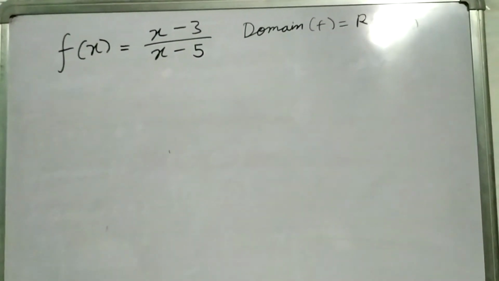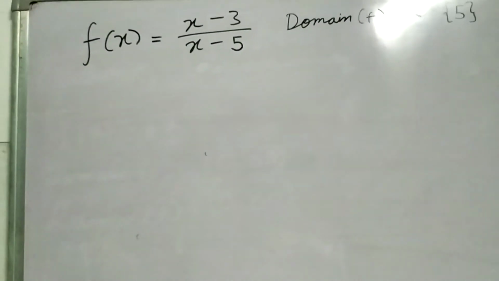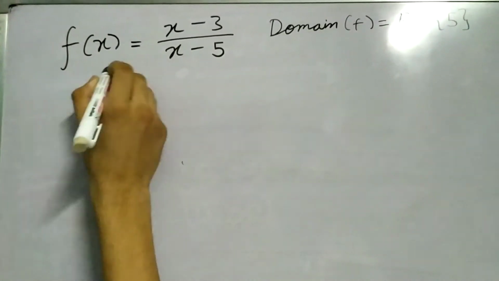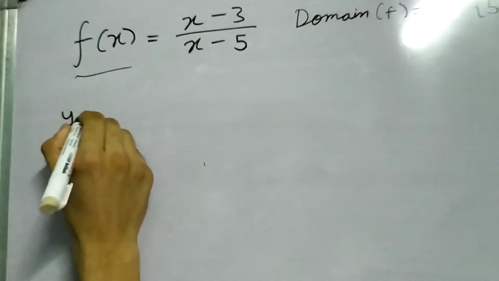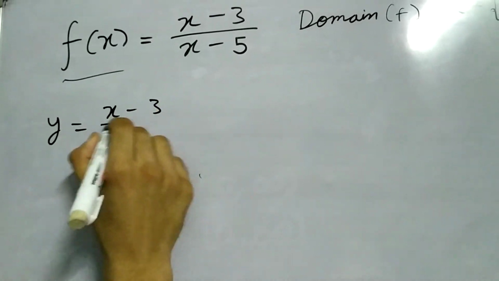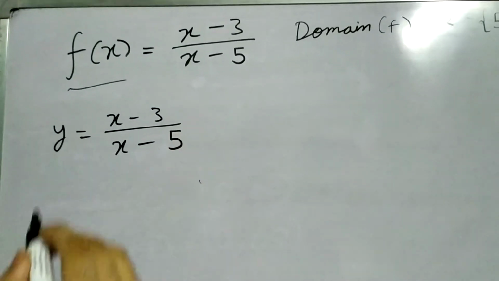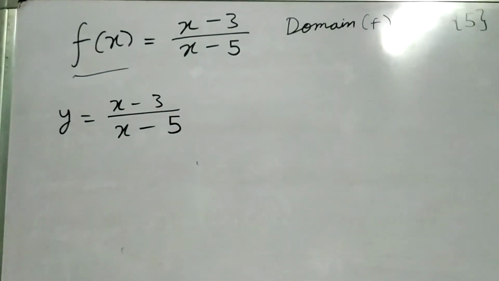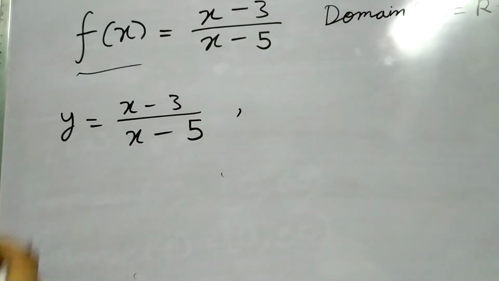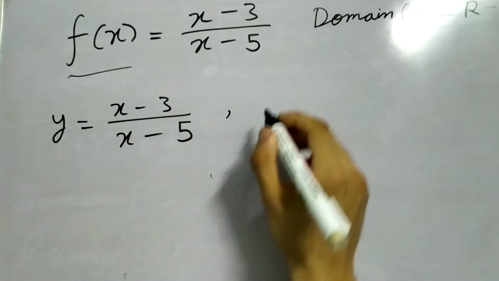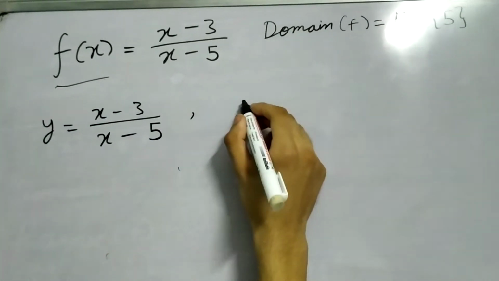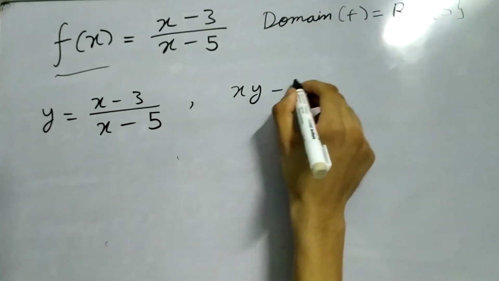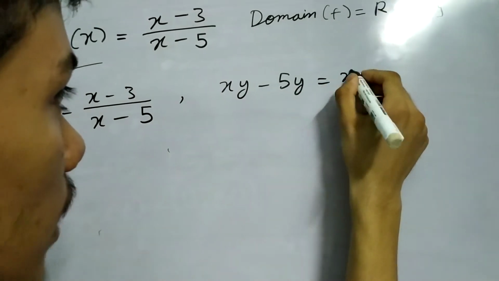Now what is the range of f of x? There is a simple way we can do this. We call this y, so y equal to x minus 3 upon x minus 5, and then write x as a function of y. You will see in a minute why that works. So how to do this? Just cross multiply: xy minus 5y equal to x minus 3.